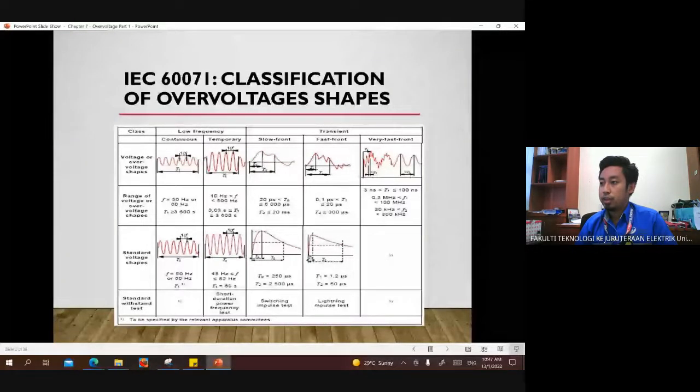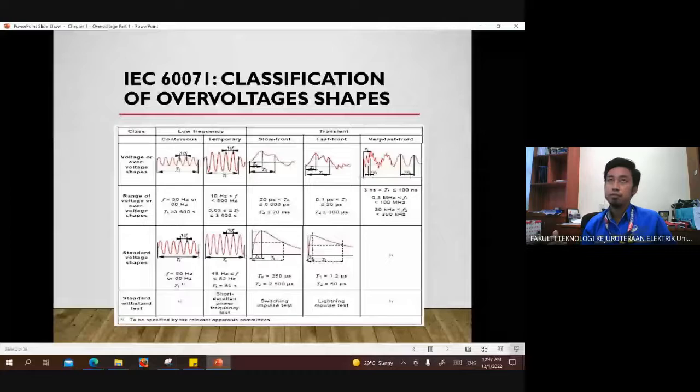So if you divide using the transient frequency range of around megahertz, you get the time for the transient is very fast, within microseconds. Based on the third column, the standard voltage shape is the normal sinusoidal, but for the transient, the shape is like a small transient or a small spark, like partial discharge, which is a very small spark.